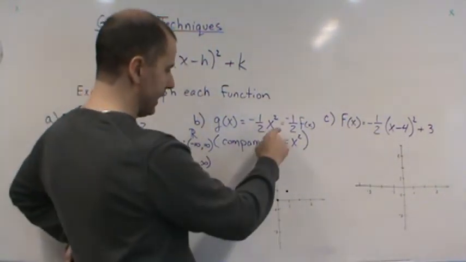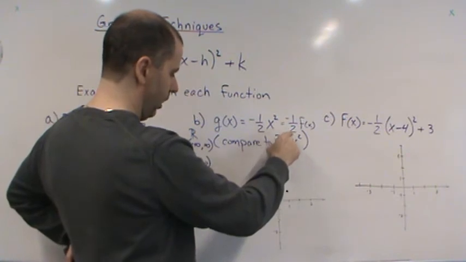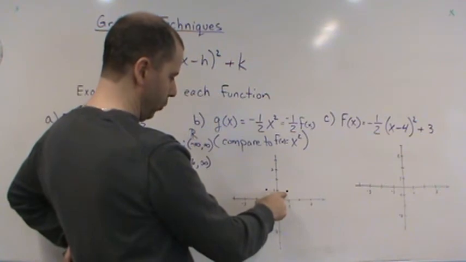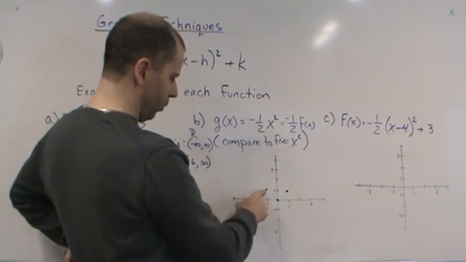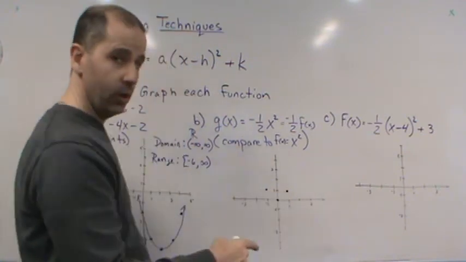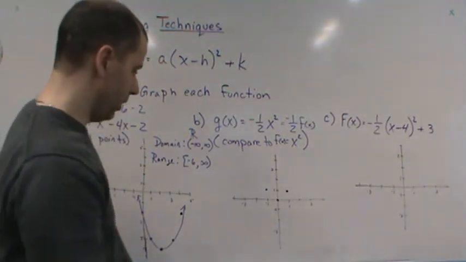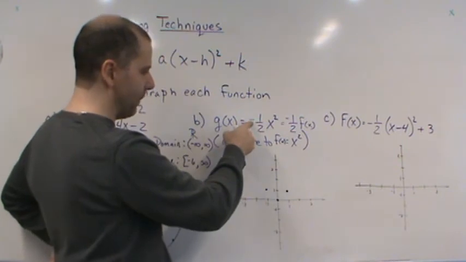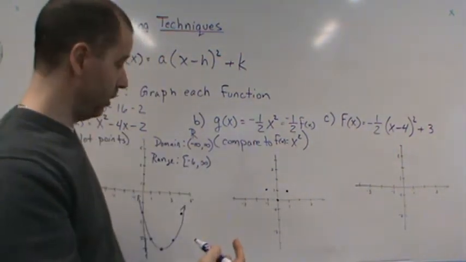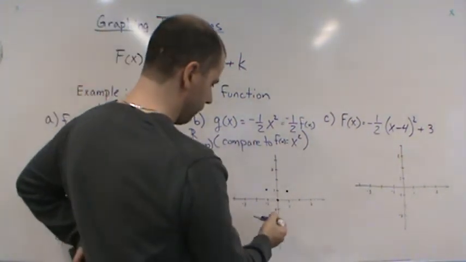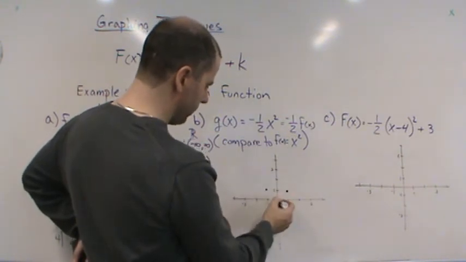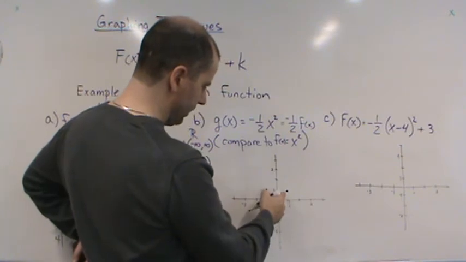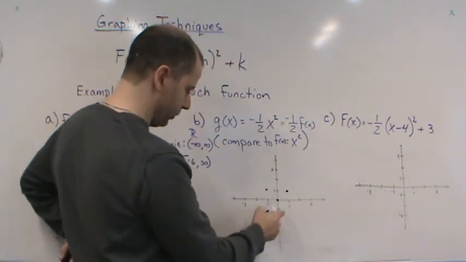Well, we're taking 1/2 of the y values. So this y value 1 and this y value at 1 is going to become 1/2. Okay? And not only is it going to become 1/2, but it's going to be the opposite. So it's going to become negative 1/2. Right? So if we compare this to the basic function, then this point is going to move down to here.